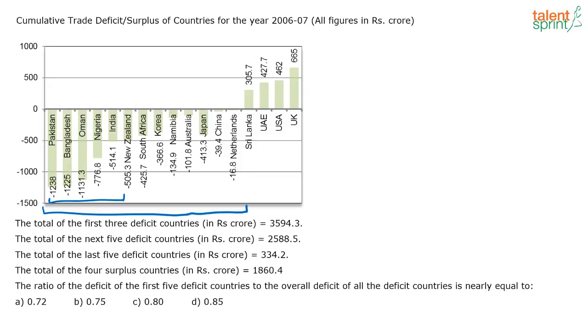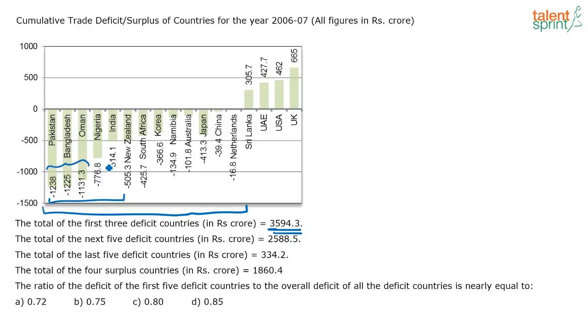See, again for this question, what you should do is first find the sum of the deficit of the first 5 deficit countries. So, basically you have to do minus 1238 plus minus 1225 plus minus 1131 plus minus 776 plus minus 514. But here, they have already given you the total of the first 3 countries as 3594.